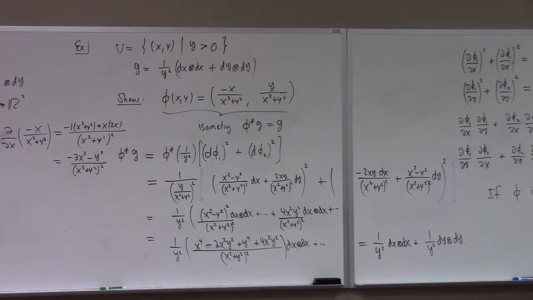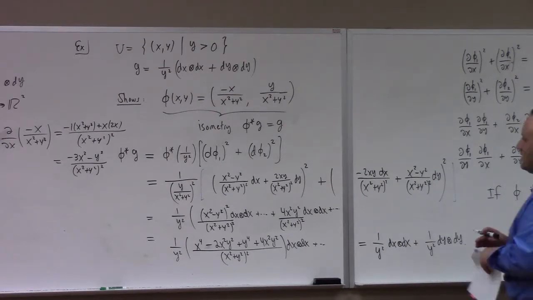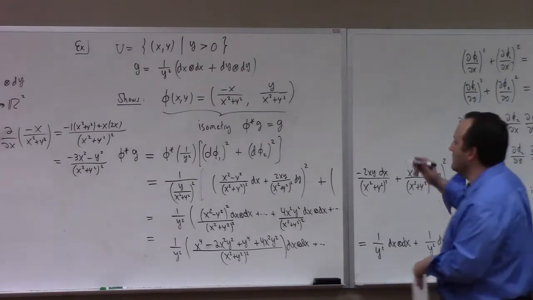Again, it looks so small. But there you go. That's pretty neat because can you recognize what this function is? What is this isometry? Let me put it in complex notation.